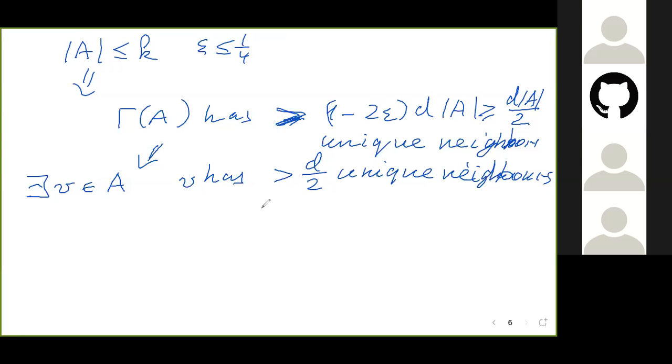But we know that each unique neighbor is actually a wrong sum, because recall that A is a set of variables where our code word is different from tilde x. So each variable in A is sort of a wrong variable.